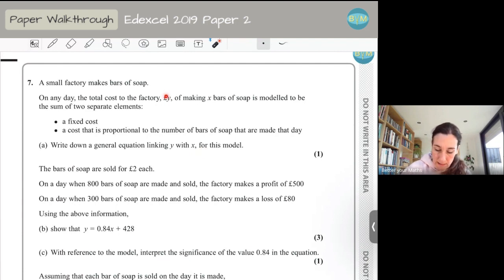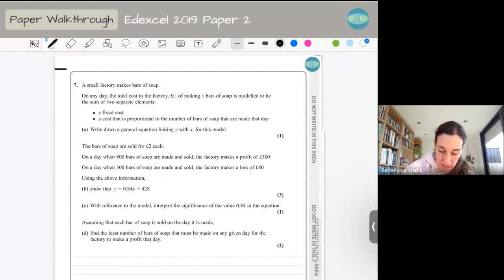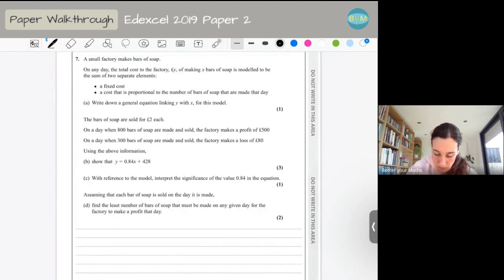So y is the cost of the factory, the total cost of the factory. And x is the number of bars.